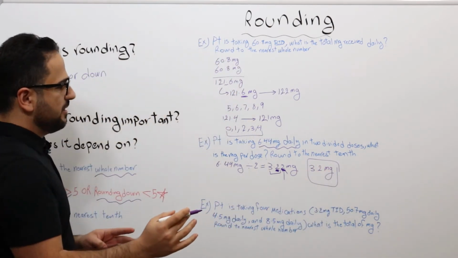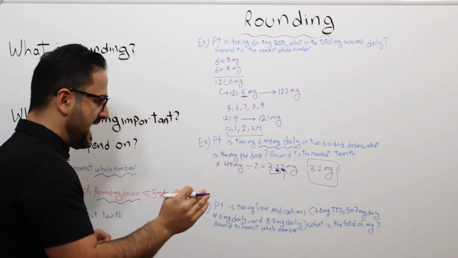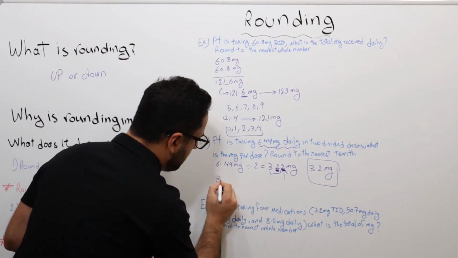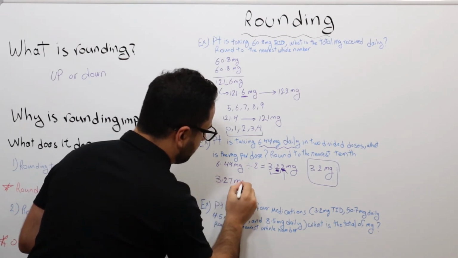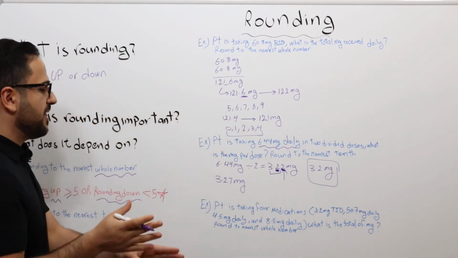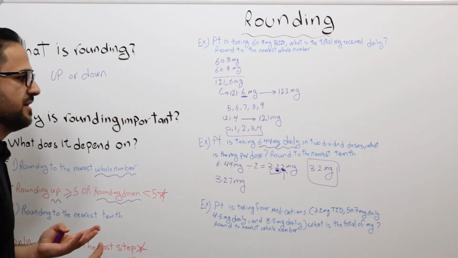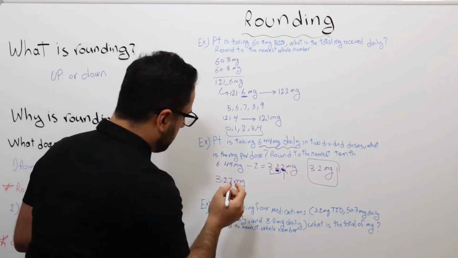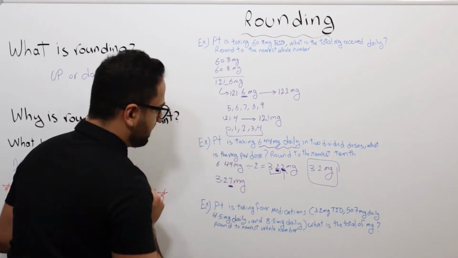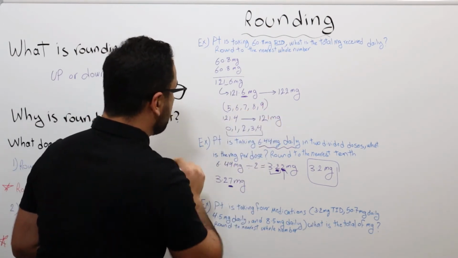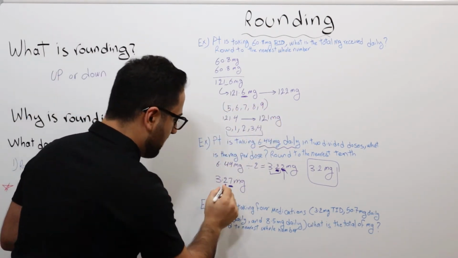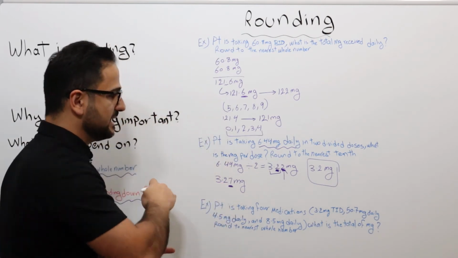Now let's assume that the answer actually was 3.27 milligrams, and the question is still asking us to round to the nearest tenth. Looking at this number over here, which is 7, 7 goes with these numbers, so therefore this is a rounding up.